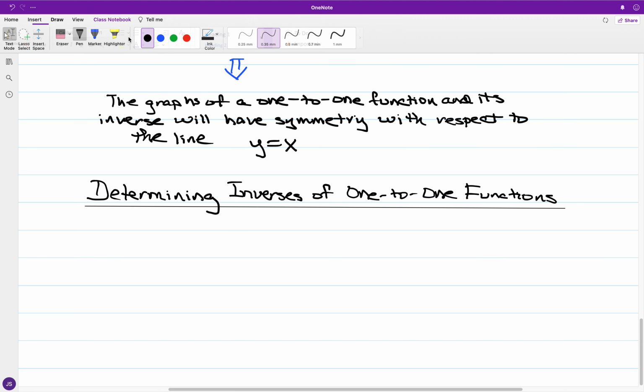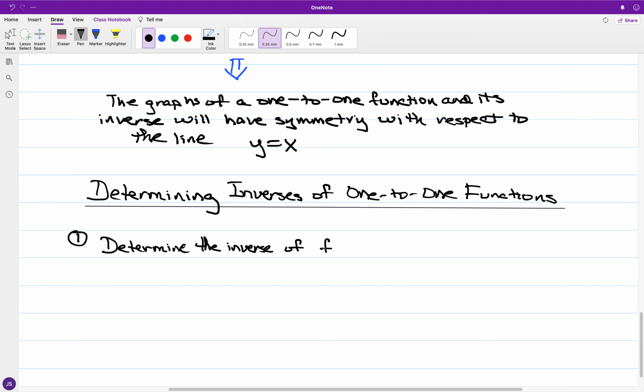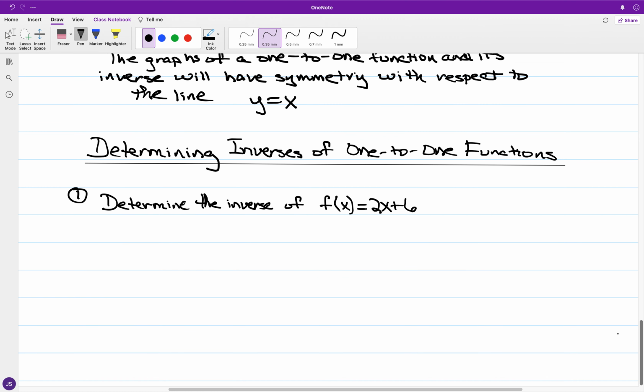Okay, and we'll say here, say we have, if we're to look for the inverse, let's say we have f of x is equal to 2x plus 6. Okay, so this is the function we are starting out with.